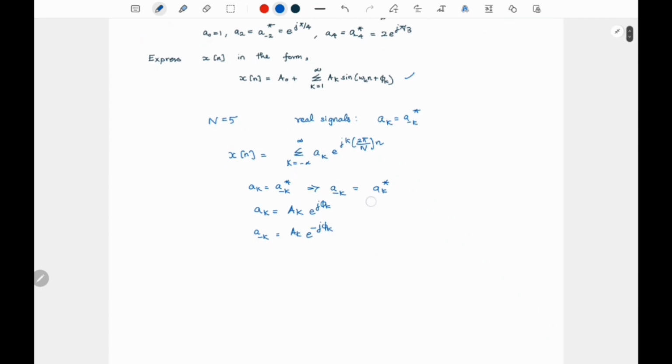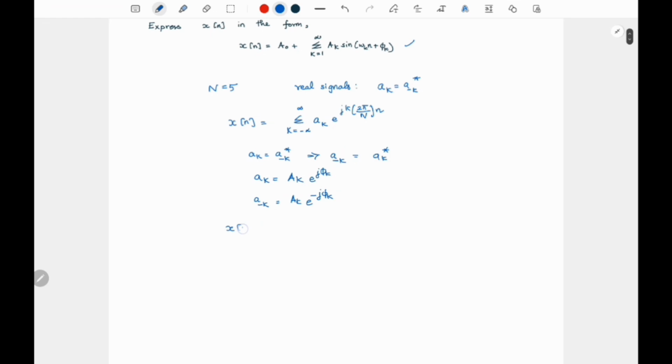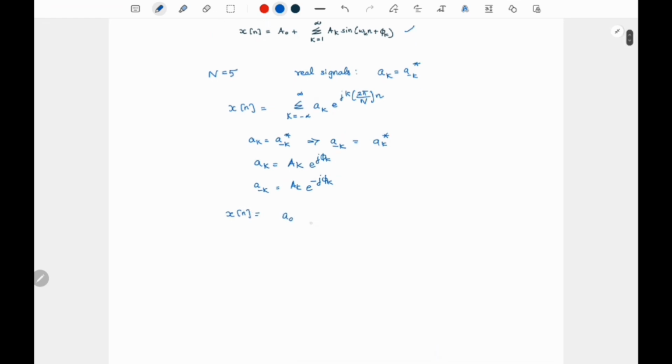Now if I substitute these in this expression, I'll get x of n equal to, let me take a_0 out, then I'll have summation k equal to 1 to infinity a_{-k} e^{minus jk 2 pi over N n} plus a_k e^{jk 2 pi over N n}.